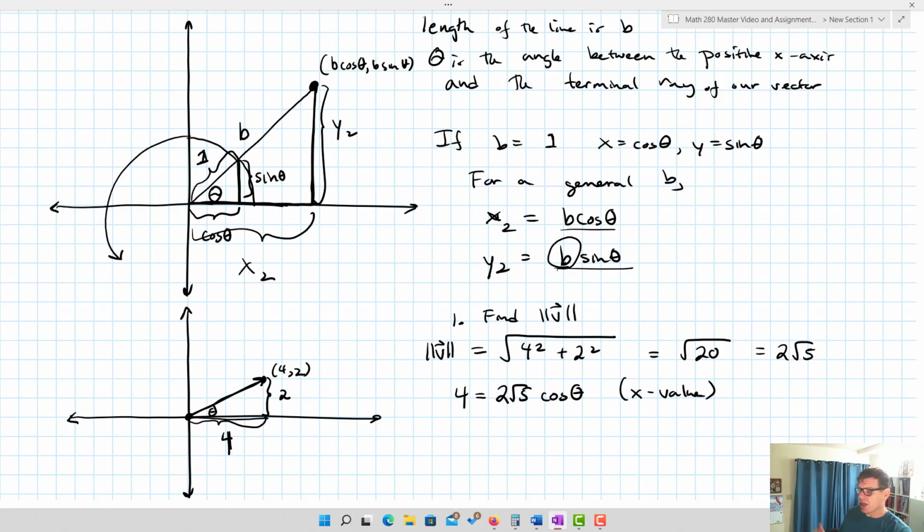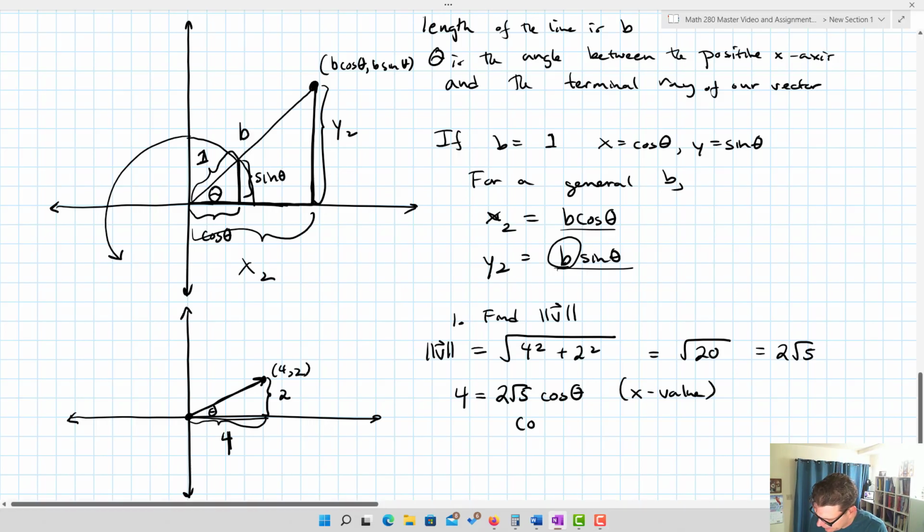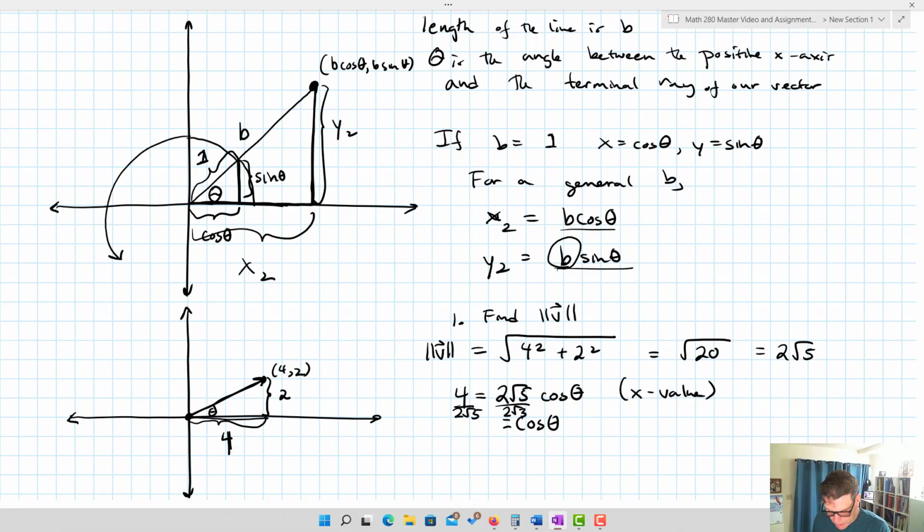And you can just utilize your calculator to find that. When I divide by 2 root 5 on both sides, cosine theta equals 0.8944, and so on. It's inside my calculator.